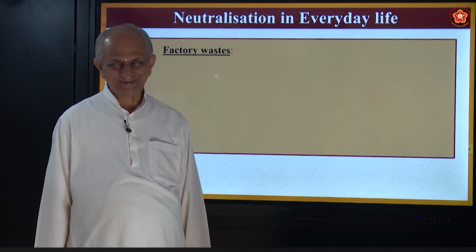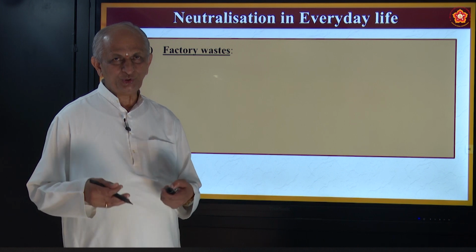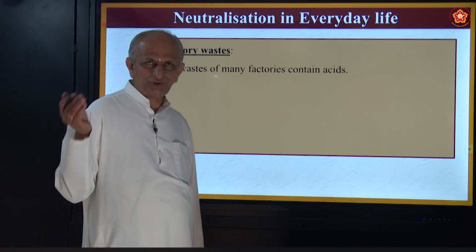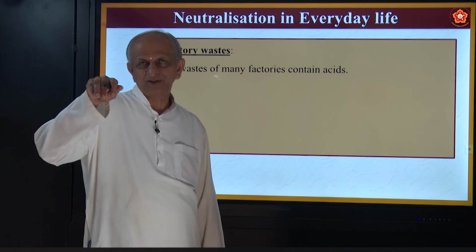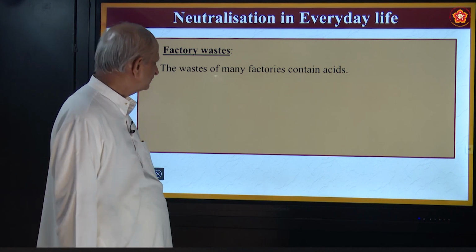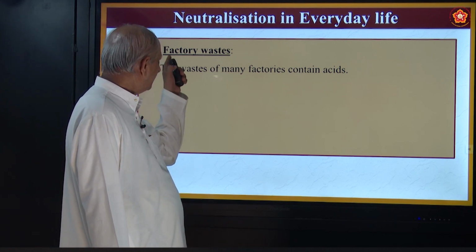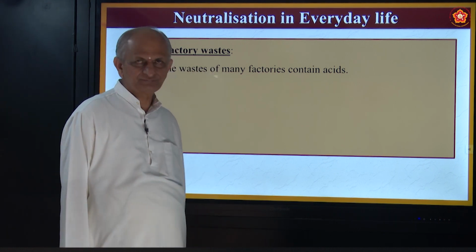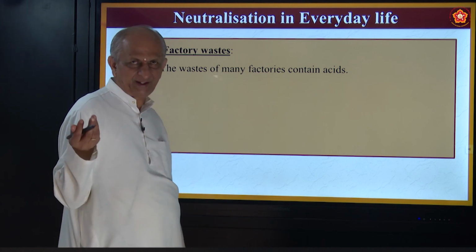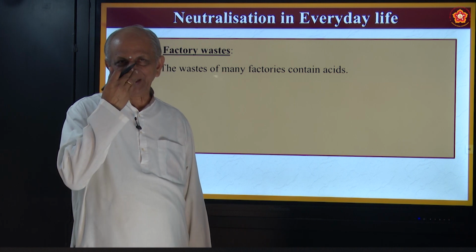So many factories produce new and new goods, and naturally when the new goods are prepared, they will also produce waste, which is called factory waste. For example, a sugar factory smells so much outside.